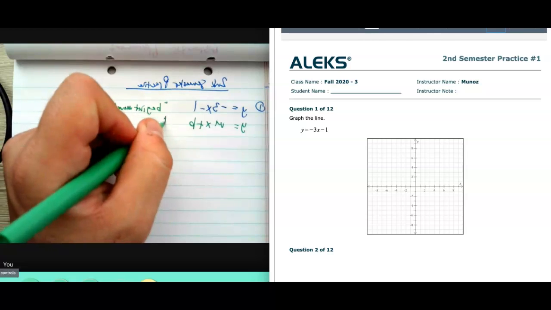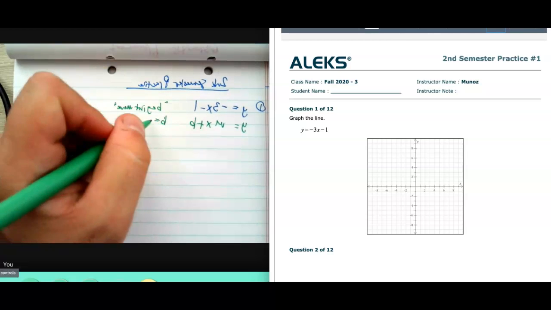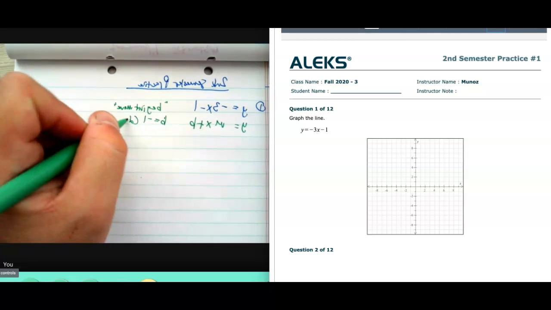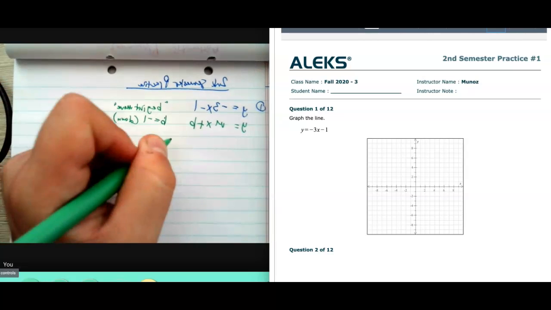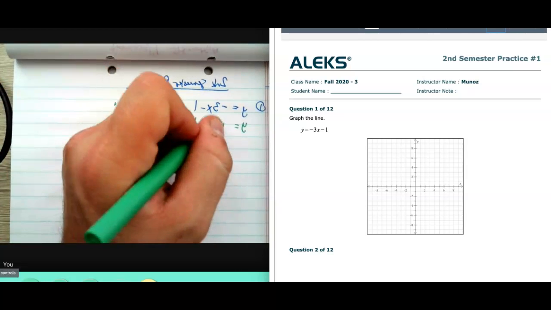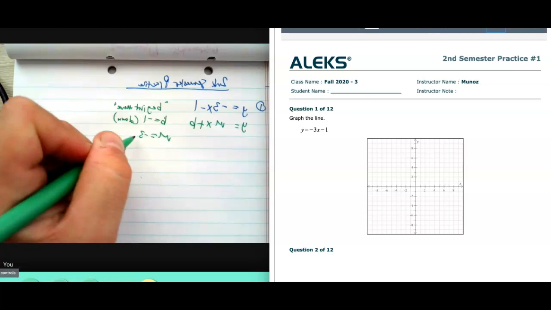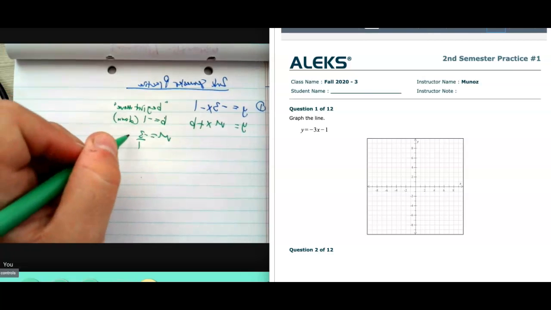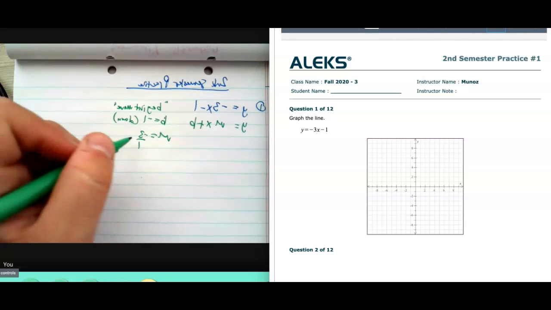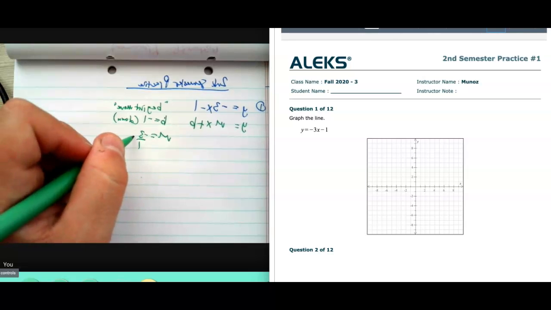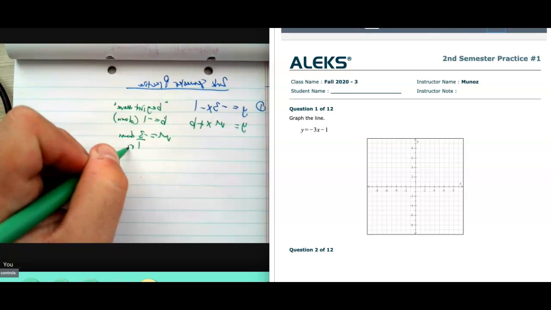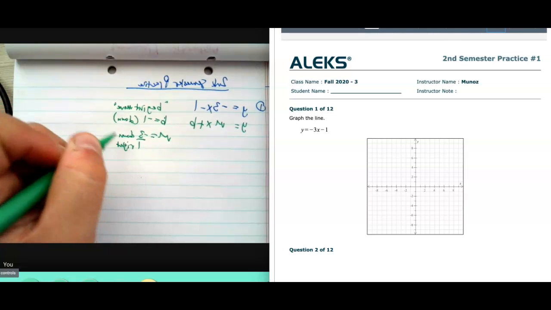B for begin. B is negative 1 in this case, so that's down 1. And then M, your movement, is negative 3 in this one, which I make a fraction by putting it over 1. It tells you how to move: negative 3 over 1 is down 3, right 1.